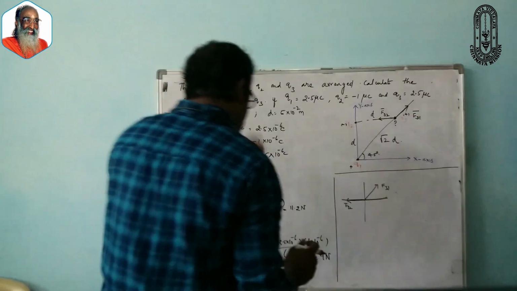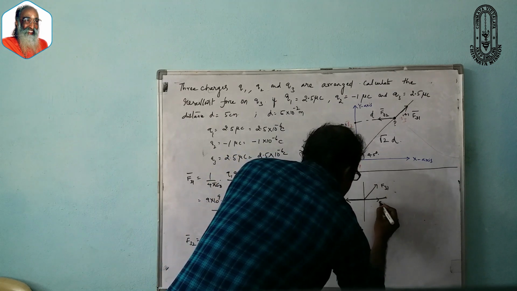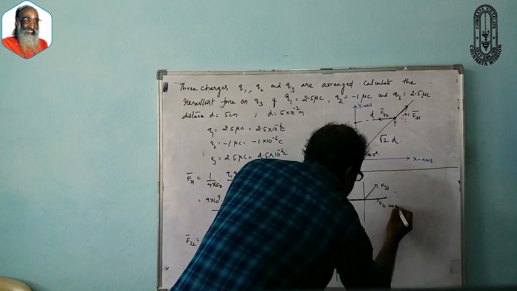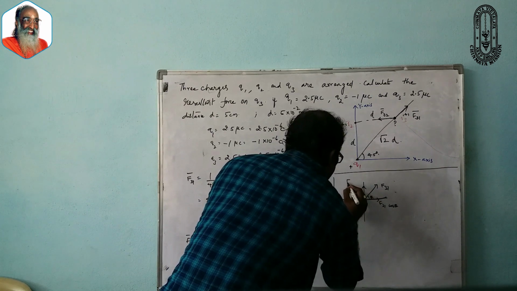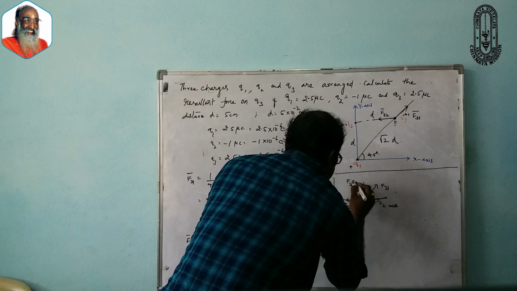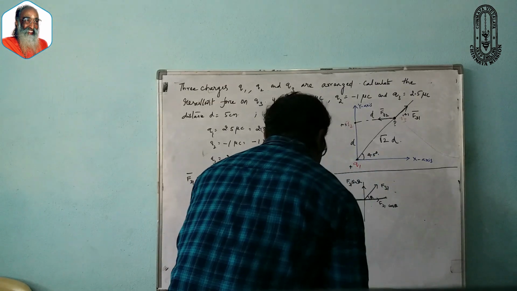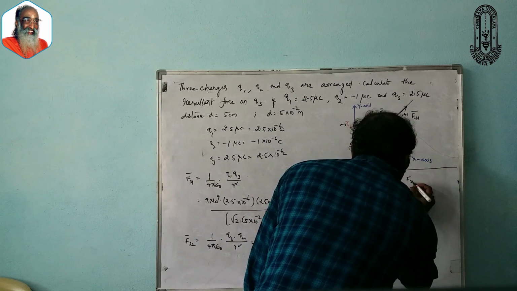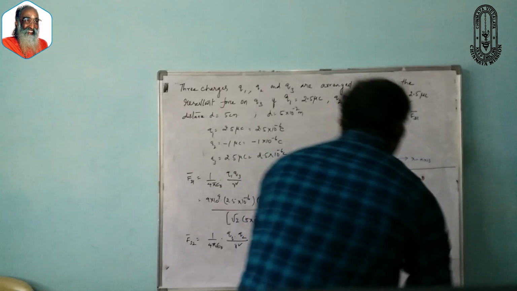After arranging this into horizontal and vertical, we can then add them to find the resultant. So dividing F31 into components, if this is theta, this becomes F31 cos theta and this becomes F31 sin theta. Now let us calculate F31 cos theta. What is F31 here? 11.2.